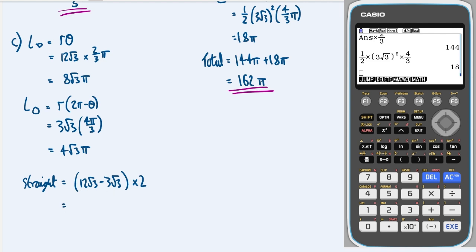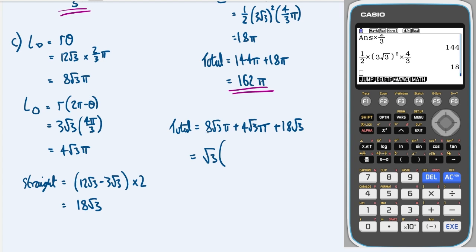Okay, so that's going to be 9 root 3 times 2, so that's going to be 18 root 3. So the total perimeter will be 8 root 3 pi plus 4 root 3 pi plus 18 root 3.